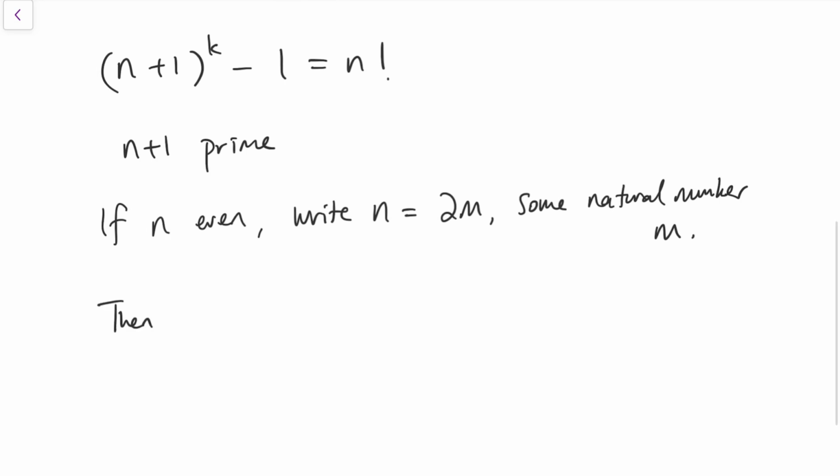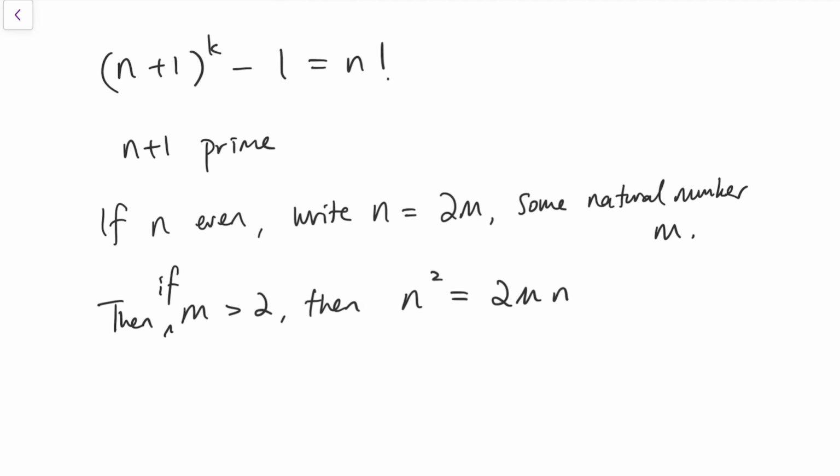Furthermore, assuming this m is larger than 2, then I can write n squared as 2mn, because I've assumed that n is 2m, so I rewrite one of the n's as 2m.